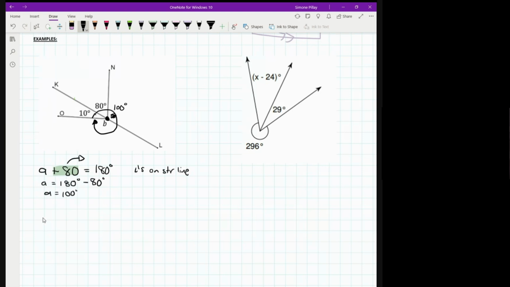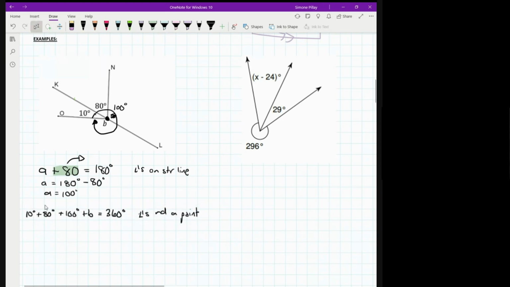So what he's done is he's going to say 10 plus 80 plus 100 plus B is going to equal 360 degrees. Why? Because of angles around a point. Okay. And I should move this a little bit to the side. There we go.